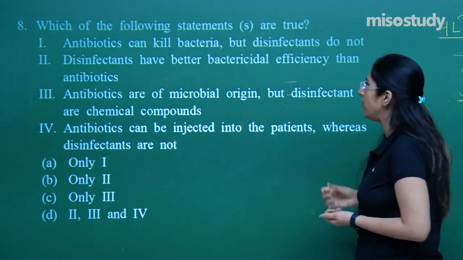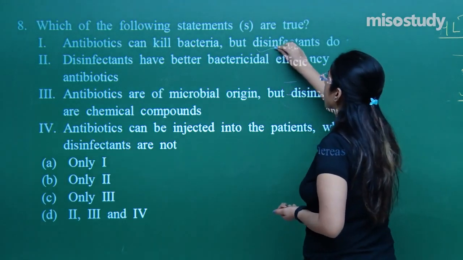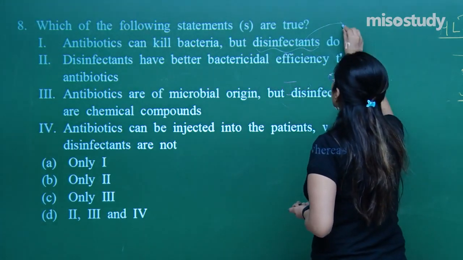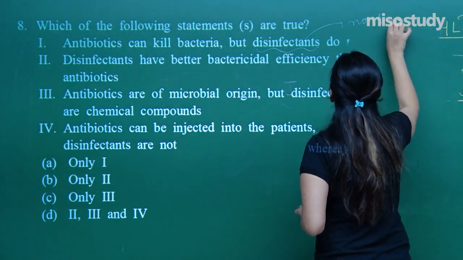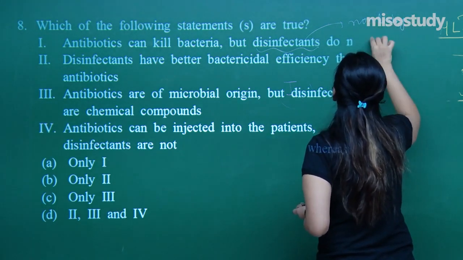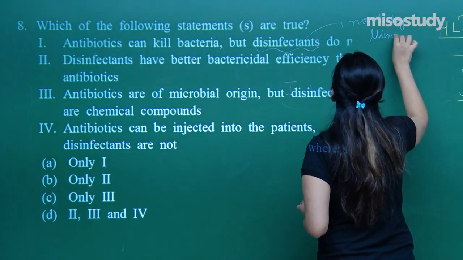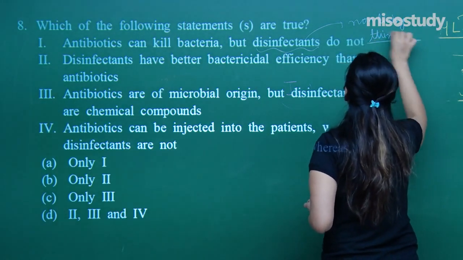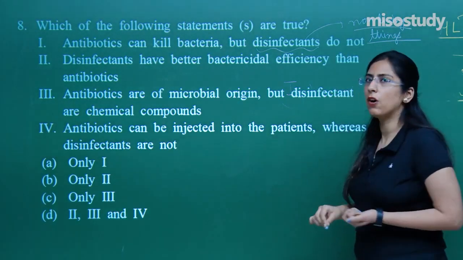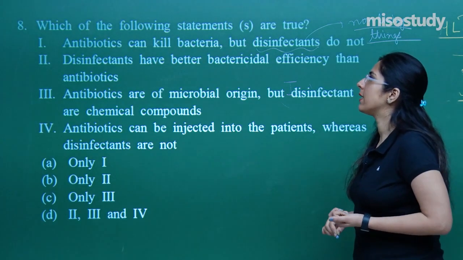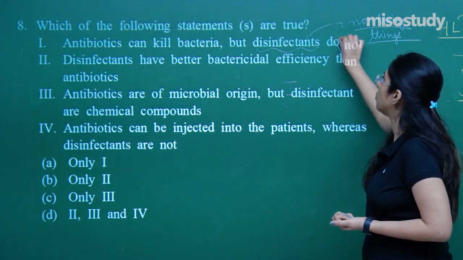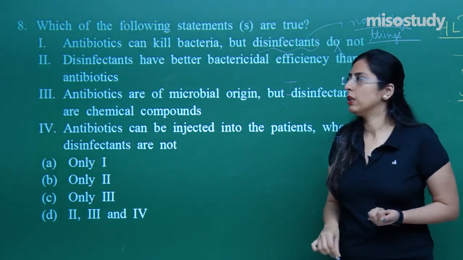Is that so? Normally we use disinfectants in our houses, and we can apply these disinfectants to non-living things only. Whatever bacteria are there on those non-living things can be sterilized or killed. But it is written here that antibiotics can kill bacteria, but disinfectants do not. This is a wrong option.